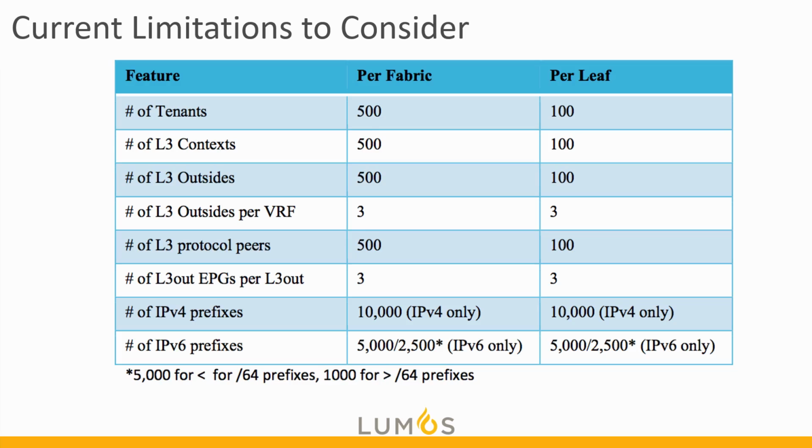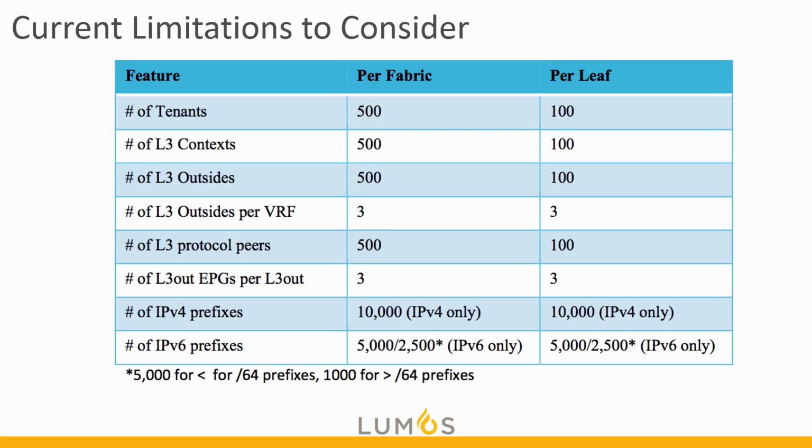We also have, as I mentioned, a number of L3 contexts or VRFs. We have the number of L3 external routed networks, so L3 outs that we can configure. We can have a total of 100 L3 outs per leaf, and really that goes across all tenants.